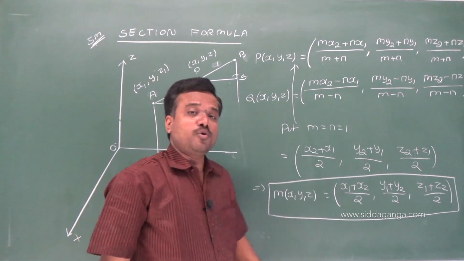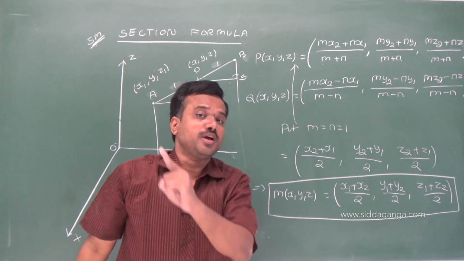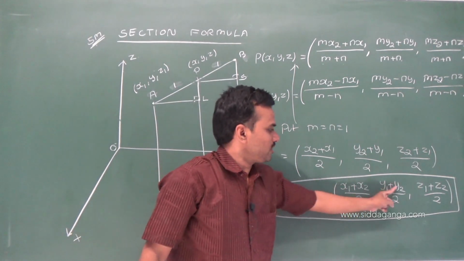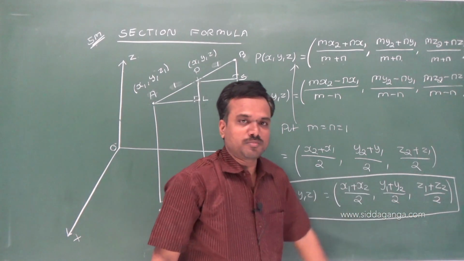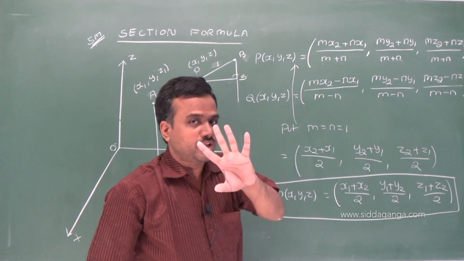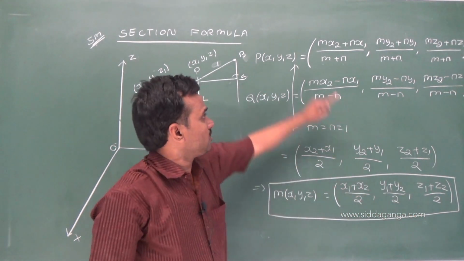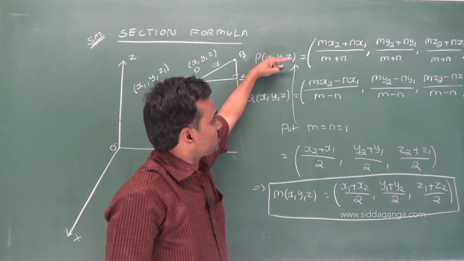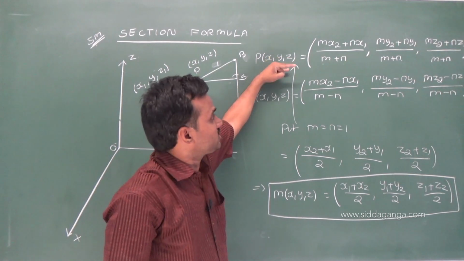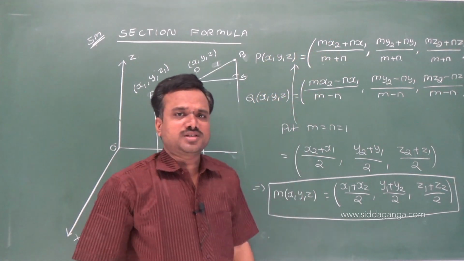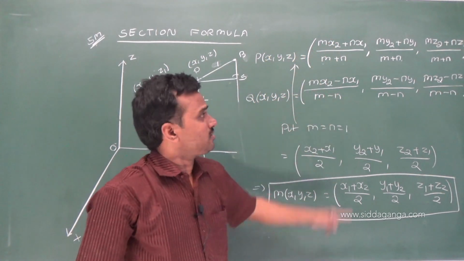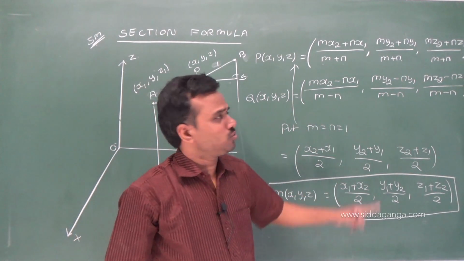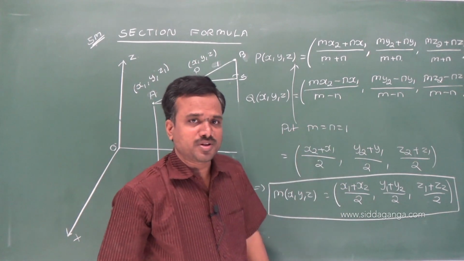Midpoint formula in space is given by x1 plus x2 by 2, y1 plus y2 divided by 2, z1 plus z2 by 2. So 3 formulas we discussed. The first one is the section formula for internal division: mx2 plus nx1 divided by m plus n, my2 plus ny1 divided by m plus n, mz2 plus nz1 divided by m plus n.